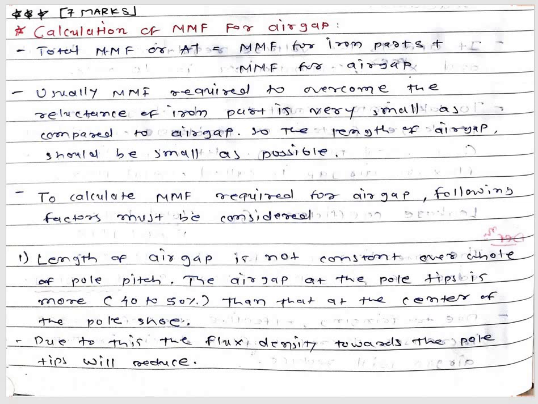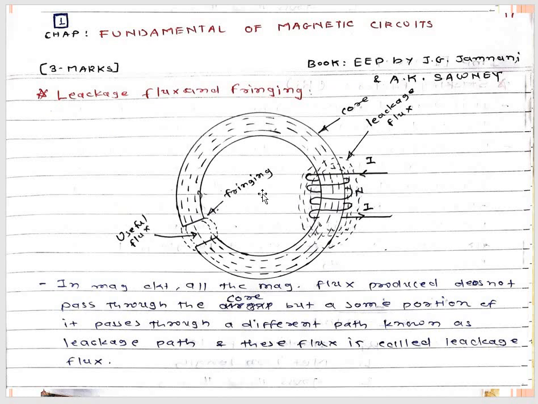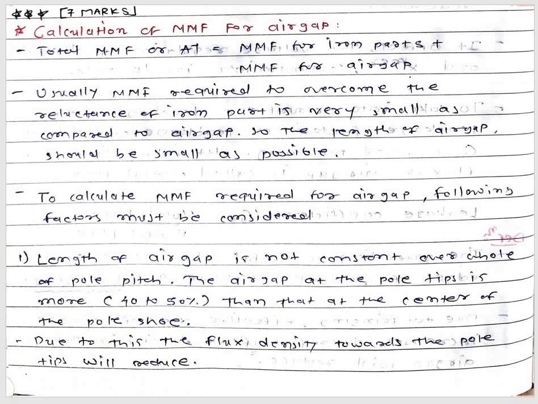In this figure we can see that the total MMF required for this circuit is simply the MMF required for this iron core plus the MMF required for this air gap. So this is the equation for the total MMF.